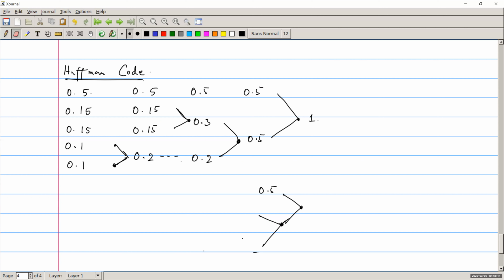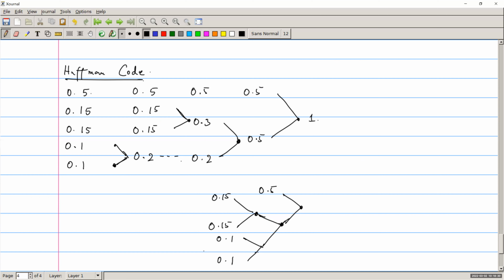The 0.3 splits into two more, and this 0.2 splits into the 0.1s. So this will be our tree.